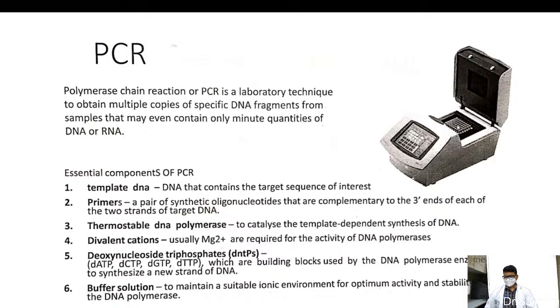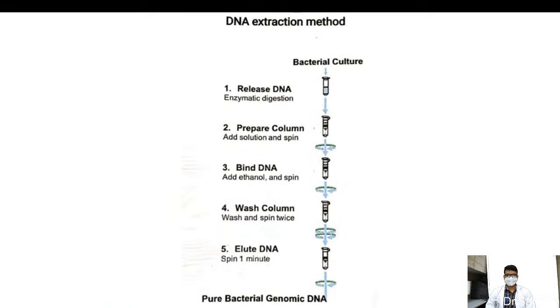Before that, first we receive the sample in our lab, we are going to first extract the DNA from the sample. Then that extracted DNA is put on for PCR. So what is the procedure for extracting the DNA? So this is the DNA extraction method, where we have something called spin column. Okay, here we have a silica.